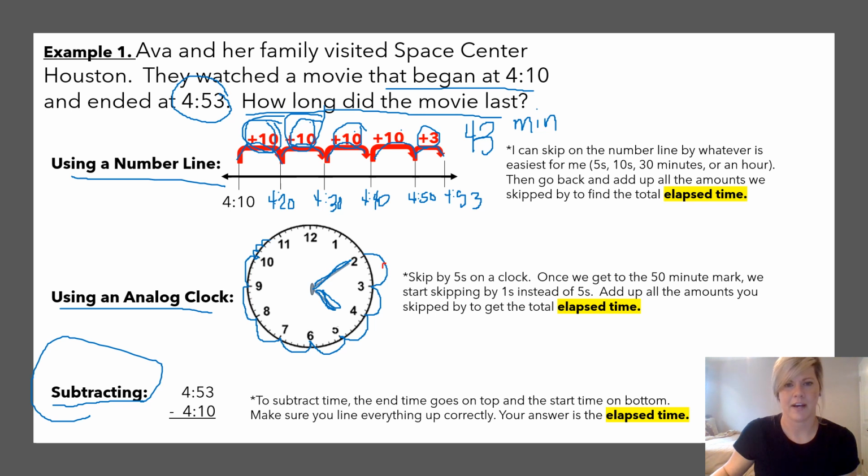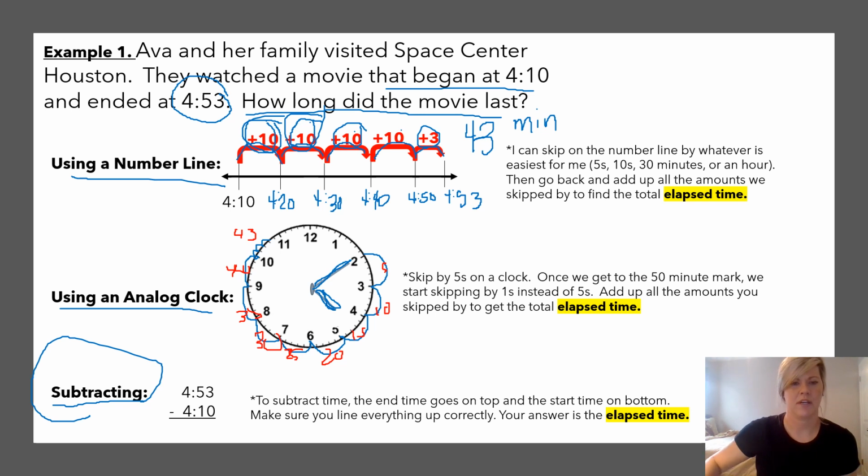So that would be 5, 10, 15, 20, 25, 30, 35, 40, and then the last 3 minutes, that would be 41, 42, 43. 43 minutes. So we get the same amount of time, just a different strategy.